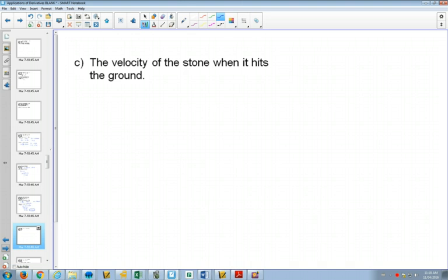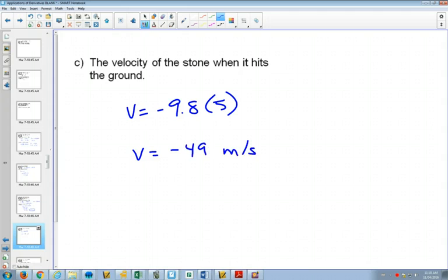So we've got our velocity equation, which was negative 9.8 times t, and it took 5 seconds to go down there. So if we multiply 9.8 times 5, it's traveling negative 49 meters per second, right?